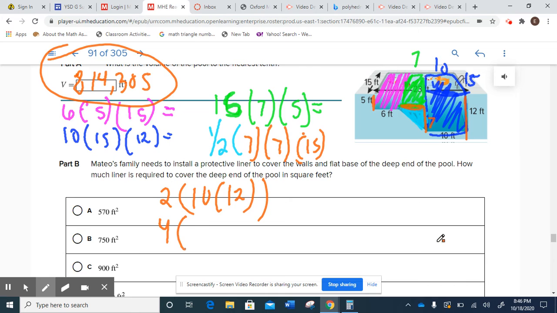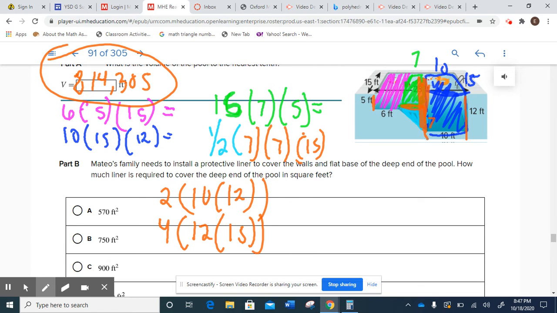But we do not have a liner for one of the sides because there's a slant, so on this edge here there's no liner.